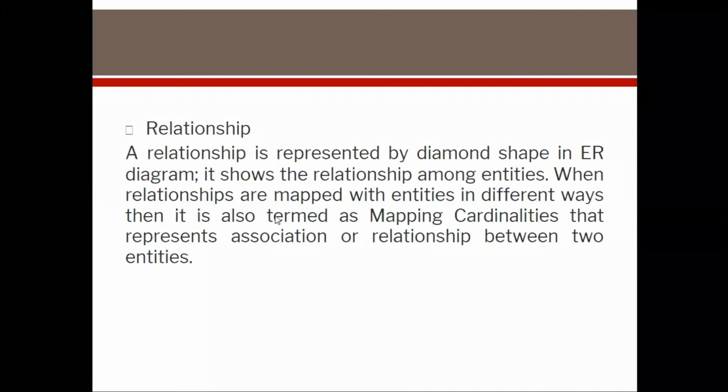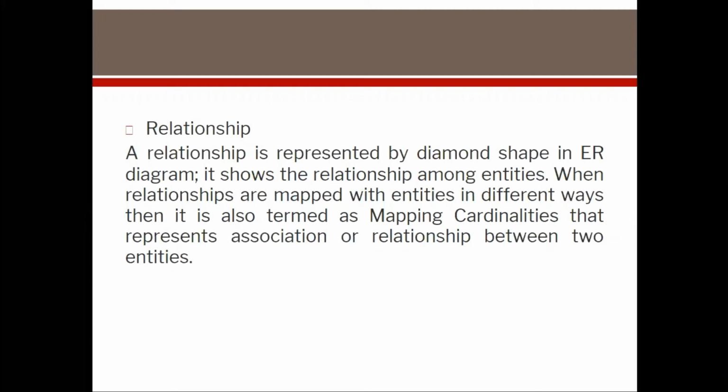Moving on to the next part, that's a relationship, or you could call it how you denote your mapping cardinalities in your relationship. Okay, we just learned that a relationship is denoted with a diamond shape. और हम different entities के बीच में relationship exhibit करते हैं.